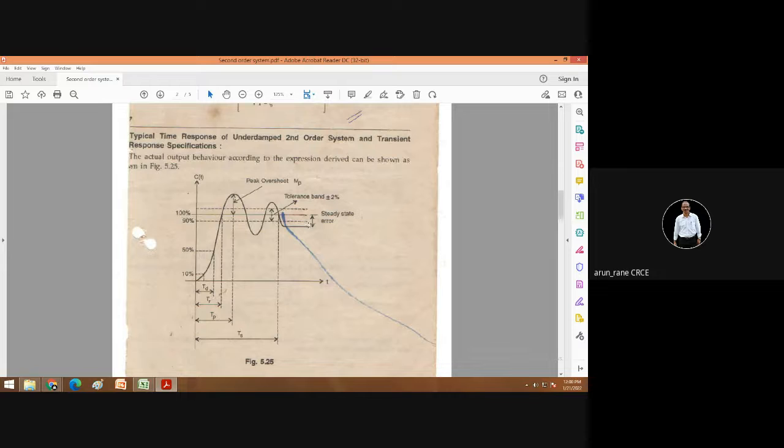The customer or the user wants variation of the steady state value within some tolerances. So if I talk about, say, plus minus 2%, this tolerance band is shown here. This is a tolerance band.